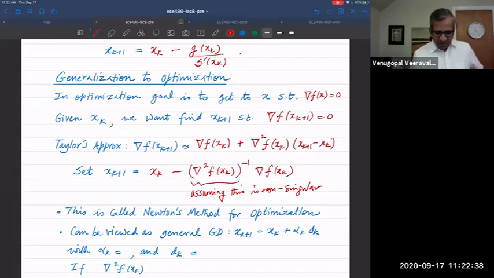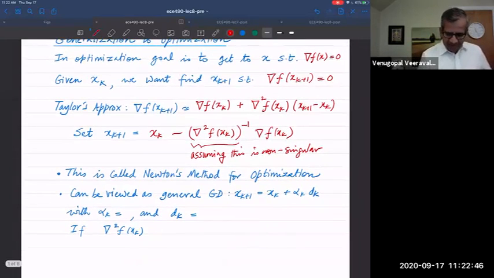Okay. So is this like a gradient descent method? Kind of. We can interpret it as a generalized gradient descent method, with alpha k equal to 1 and dk equal to the whole thing, basically. So you can think of alpha k dk as this matrix inverse times the gradient.